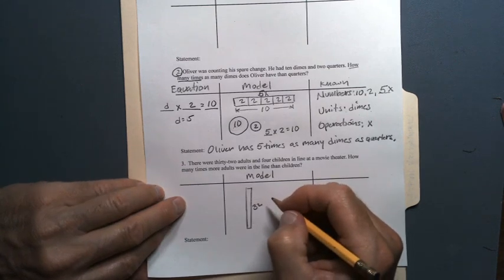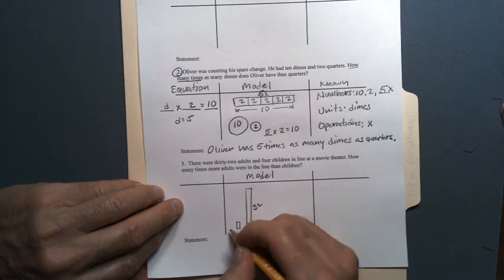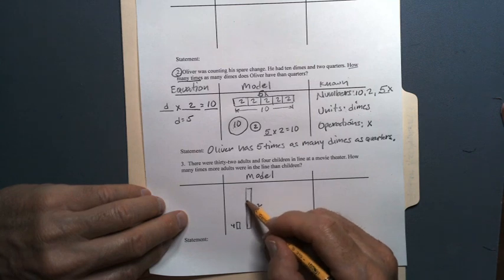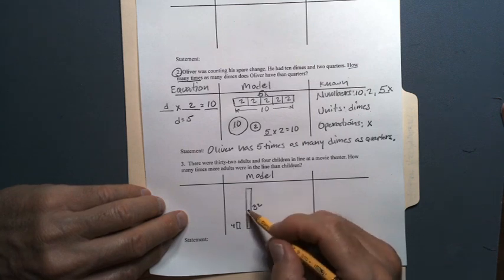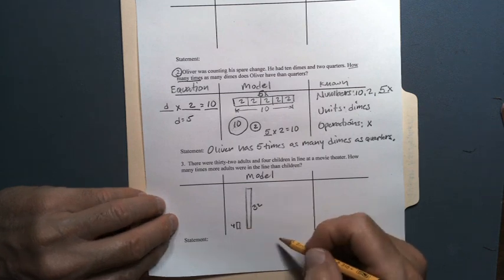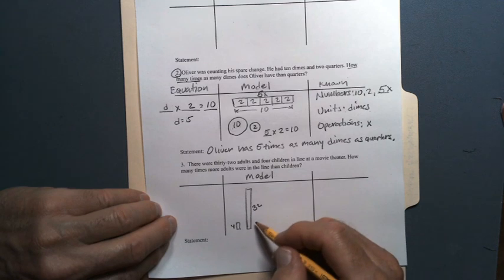Okay, if you can think about that. And 4 children. This is 4. So you can think of how many times greater is this than this. If there's 32 adults in line and only 4 children in line. Okay, that might give you an idea of how to figure out this one here. How many times greater is 32?